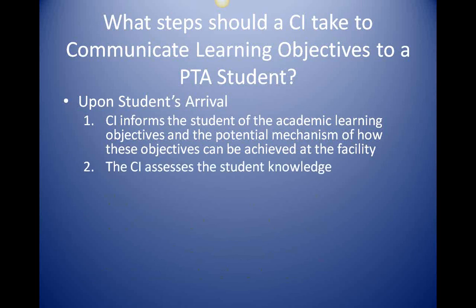The CI assesses the student's knowledge, and that's very important because depending on what clinical affiliation it is, the CI first wants to make sure that the student has academic understanding of the shoulder and the musculoskeletal system.